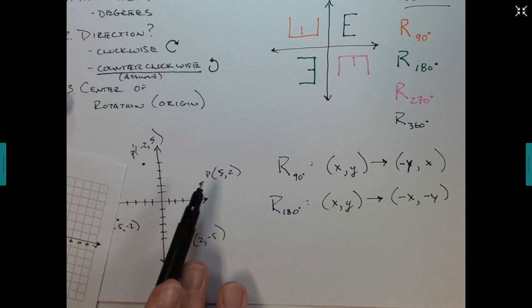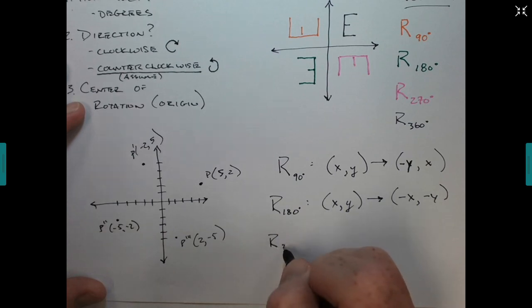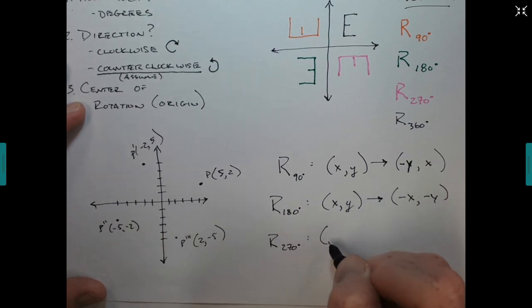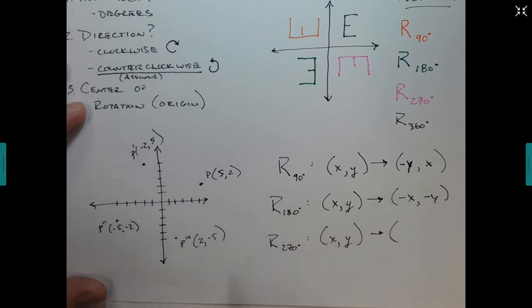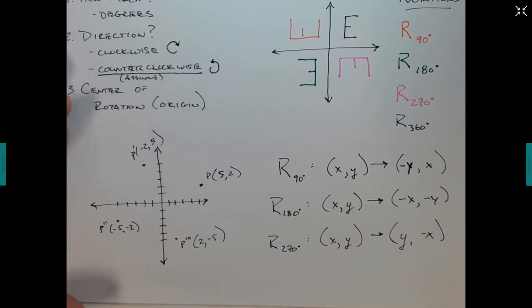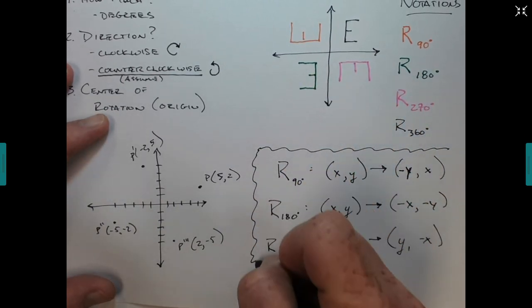So again, going from here, our original point, to this new one, the numbers switched. But the first number ended up changing, so this is y, -x. These are going to be very important.